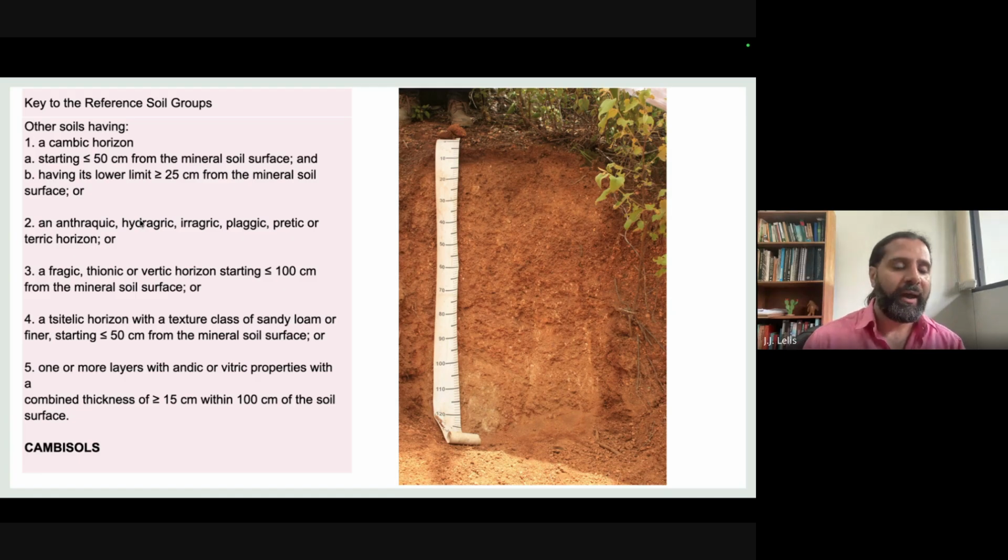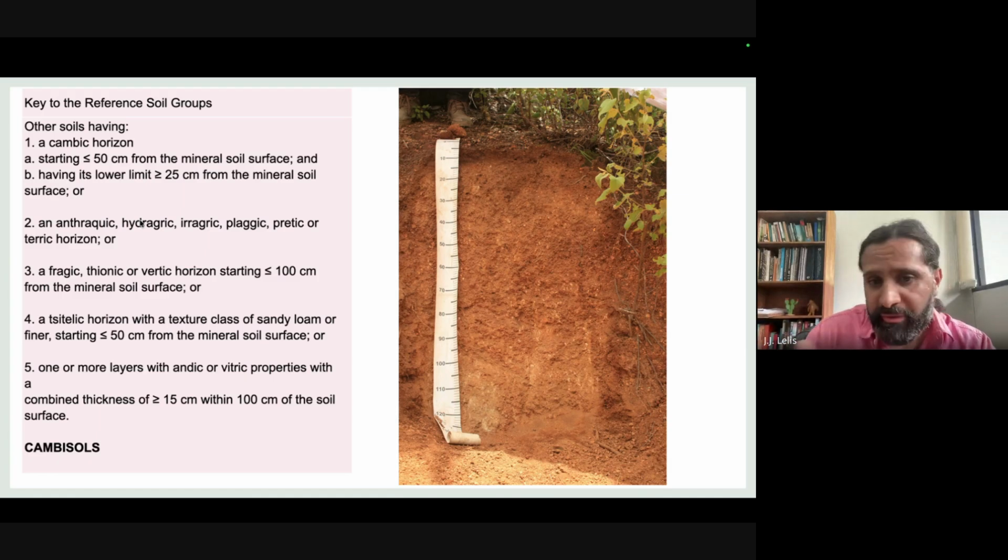Okay, or I can register something with some properties and just a cambic horizon. So basically these are those soils that do not express a strong soil formation. They do not express a strong pedogenesis, just a weak alteration of material and then a cambic horizon that expresses some color, some structure, but definitely is not something that has specific properties.